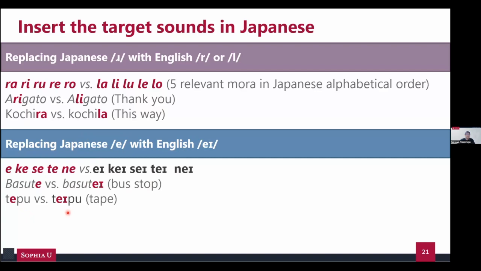So those distinctions are difficult for Japanese learners. So please remember these simple Japanese, or you can look it up. If you need help, I can give you some example words so that you can demonstrate it. Okay, so it's helping them to perceive the different sounds.